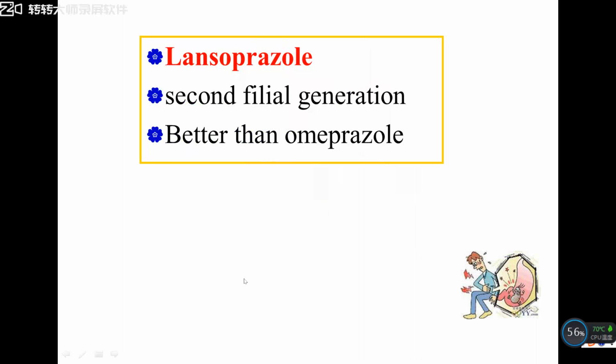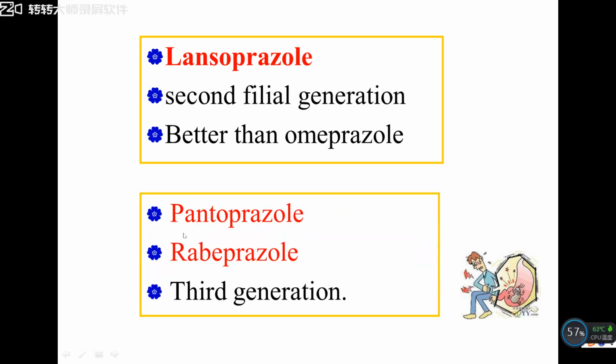This year, omeprazole is the first one, and new drugs such as lansoprazole are the second generation hydropotassium ATPase inhibitors, better than omeprazole. And we also have pantoprazole or rabeprazole.